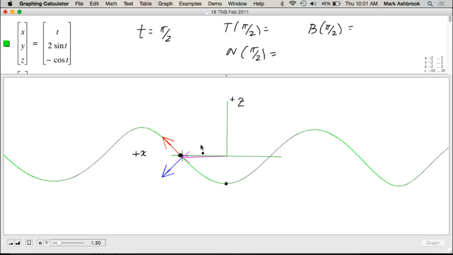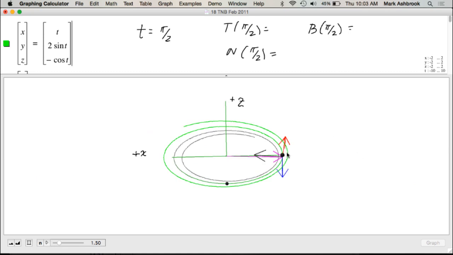Use symmetry. Use symmetry. So this is out the far right side of the curve at that moment.